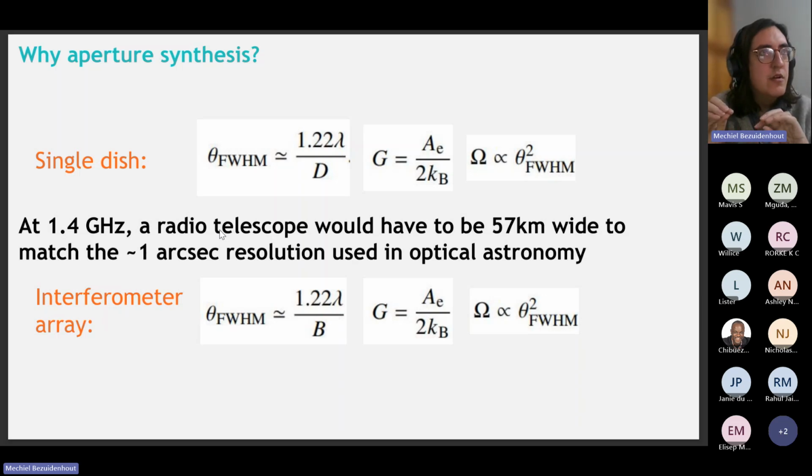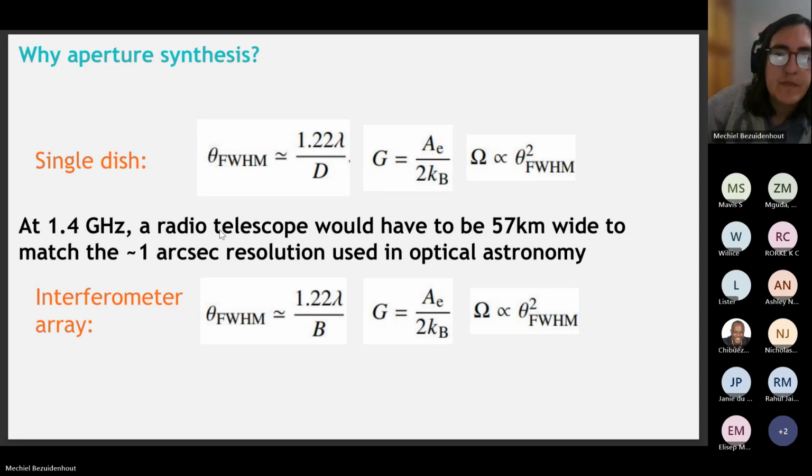If you want to compare that to a known optical galaxy in that field, there might be a number of optical sources that match your radio observation, and so to pinpoint exactly where your radio emission is coming from, it's very important to have sufficient angular resolution.